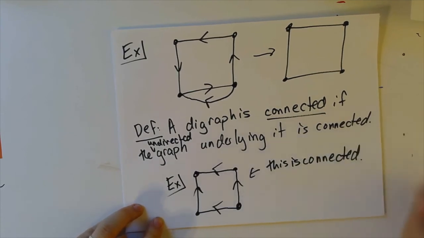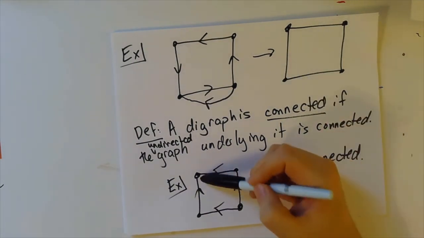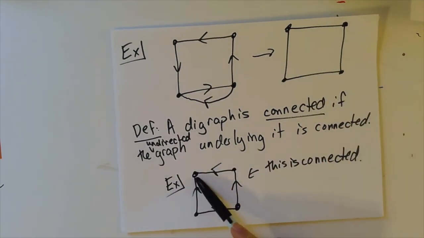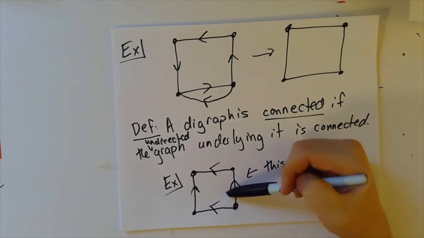Okay, does that mean I can get from anywhere to anywhere? Well, no, definitely not, because if I start at the upper corner, there's literally nowhere I can go. Right? I can't go that way, I can't go that way. But the underlying regular graph is the square.